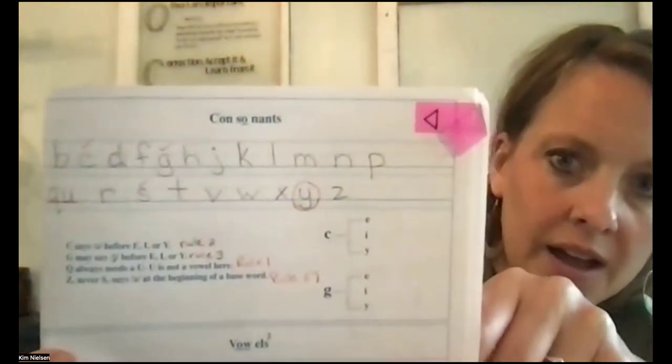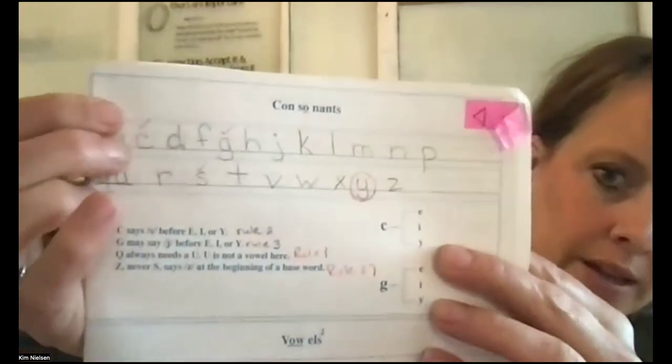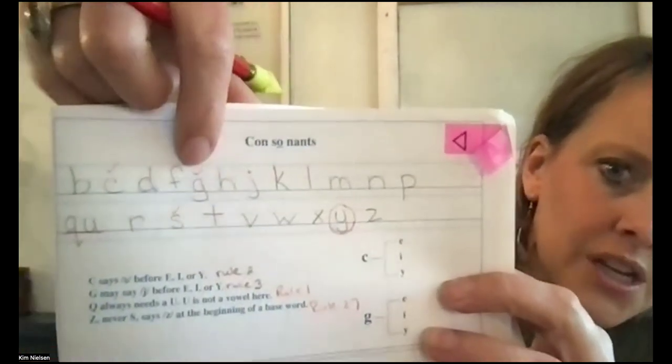And then, just like I do, I wanna think about these consonants, okay? So in my consonants, which ones have multiple sounds? We're gonna make a little check mark over those multiple sounds. And so you can see I've done a check mark in red over the C, the G, and the S, okay?